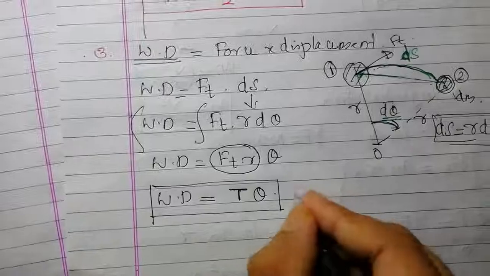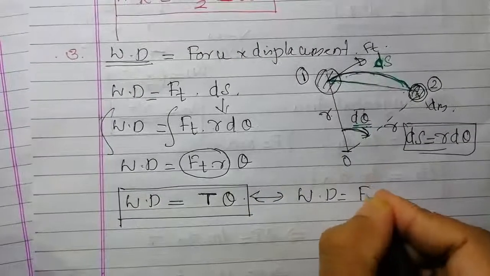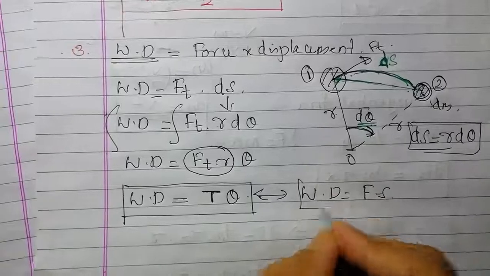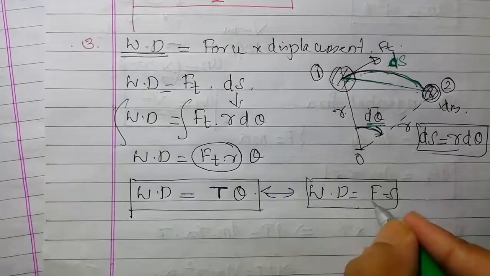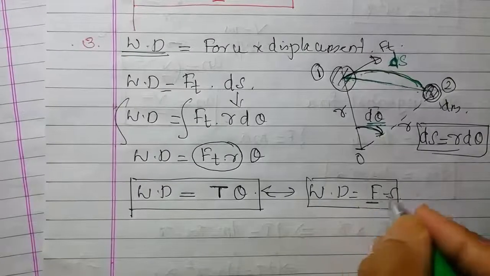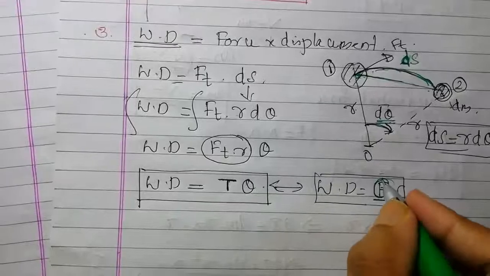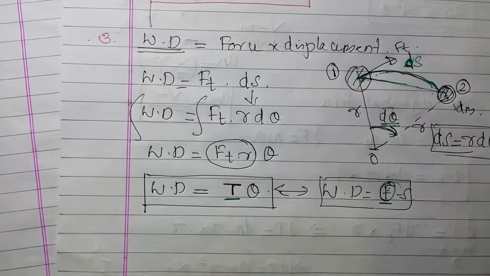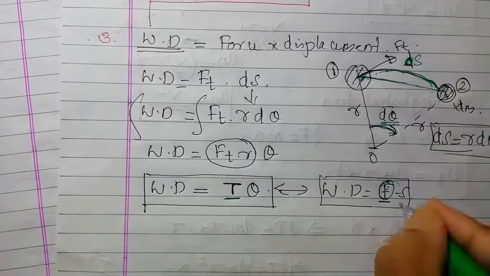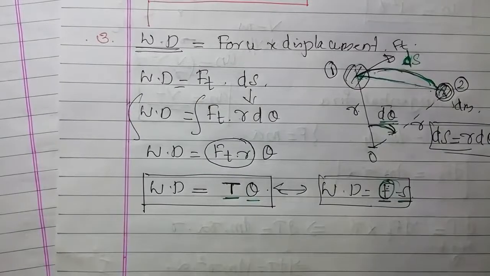In linear motion or rectilinear motion, work done is equal to F into S. I already told you that in linear motion, rectilinear motion, instead of this force F, we have to use T in rotational motion. Okay, similarly for linear displacement, here it is angular displacement. So work done is equal to T into theta.